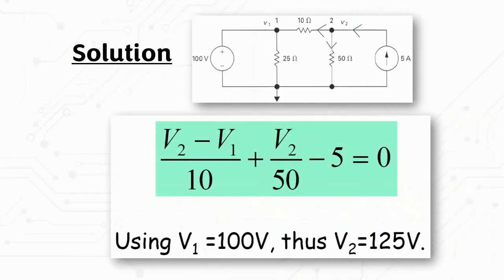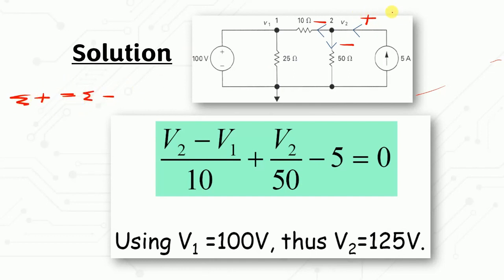Obviously for that, just follow these current directions. For this one, the current direction is leaving, which is negative, and this one is positive. So we will have the positive current equal to the negative current.